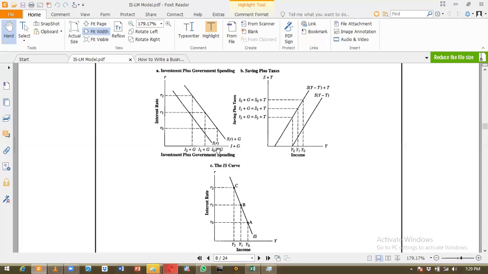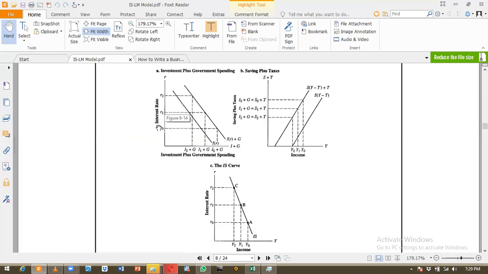So the analysis is still the same thing. If interest rate should increase, it is going to affect the level of investment. Did I say there's an increase in interest rate?